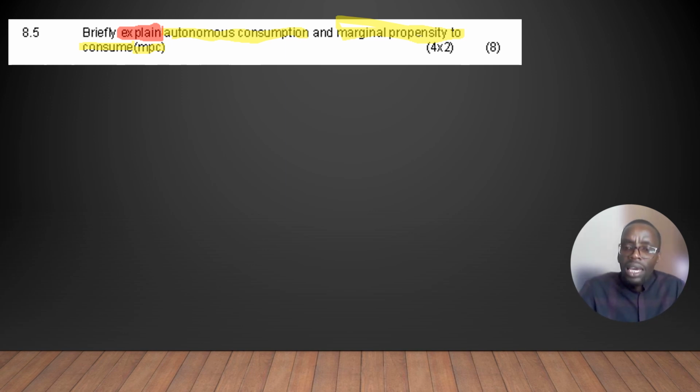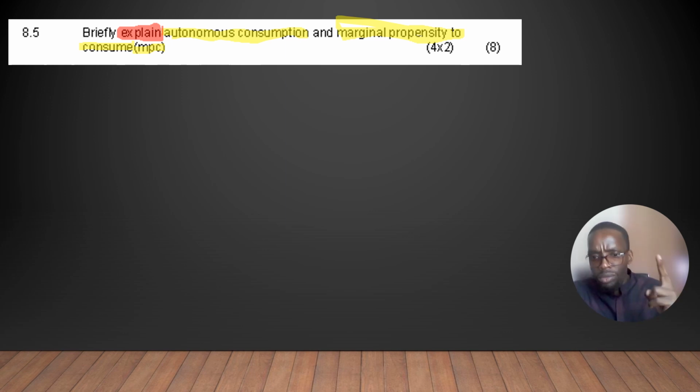Right, and then we also have the next. You could have given me any 2, because this one is an 8-mark question. What it meant was you were going to give me 2 points on each one of the 2 concepts. You will be marked up to a maximum of 4.